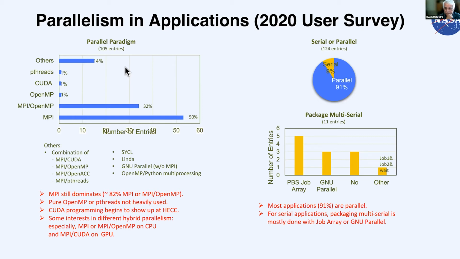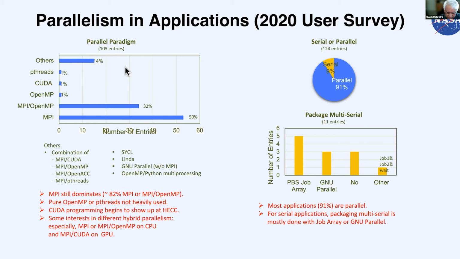So the total usage is still large, but instead of one big, huge parallel system, it is more a set of small job executions. There are various ways people are doing this, either PBS job arrays or no parallel.